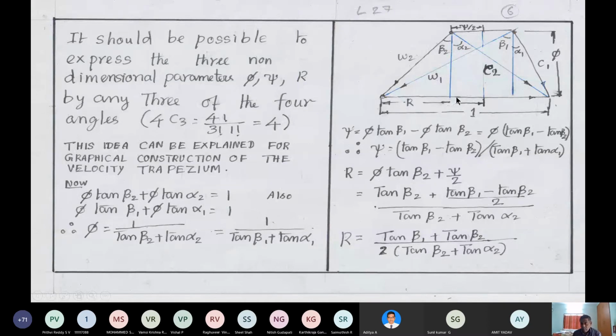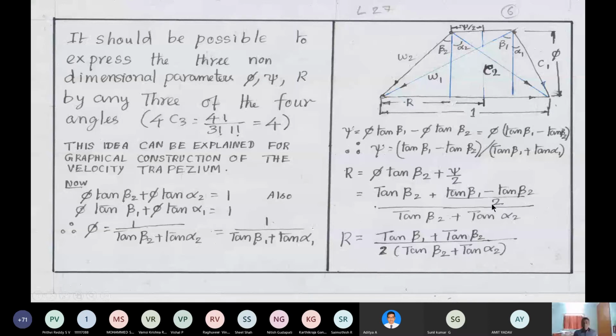So in psi, already I will have that phi, so that is taken as a common factor. So tan beta 2 plus, from the psi I have taken tan beta 1 minus tan beta 2. So I get an expression like this. So if I simplify, I get it as tan beta 1 plus tan beta 2 divided by tan beta 2 plus tan alpha 2. Okay.